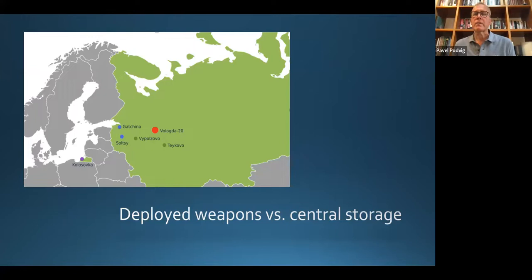When the US intelligence community says that we don't see any signs of those weapons being deployed, that is useful knowledge. And in my view, it is much better to know that, for example, this site in Kaliningrad is empty than to have some kind of proof that it has, I don't know, 24 or 12 weapons.